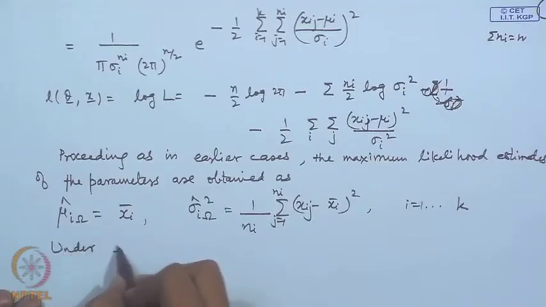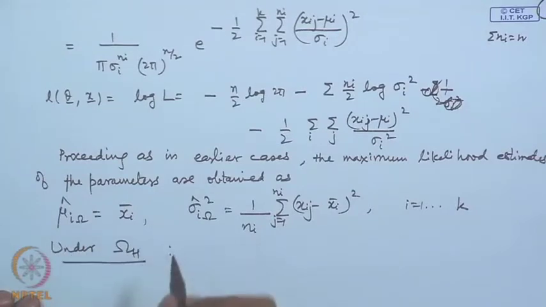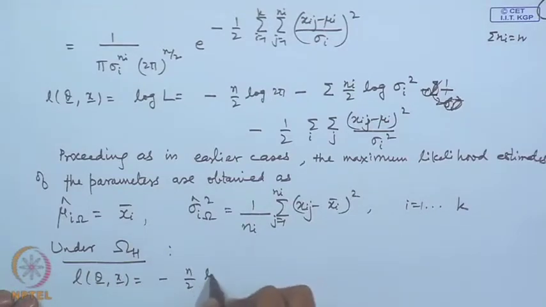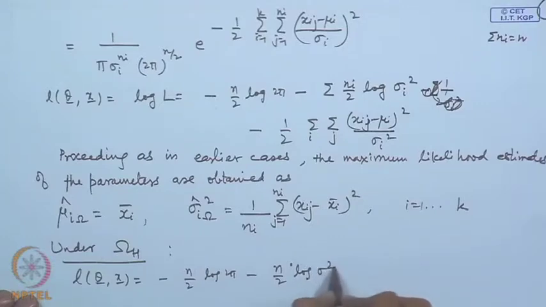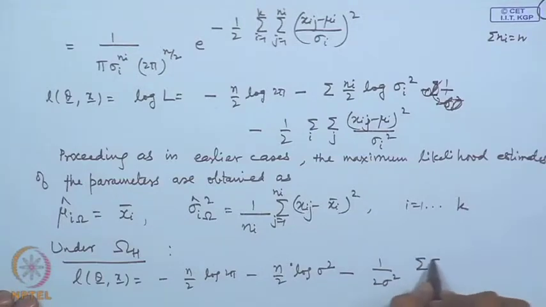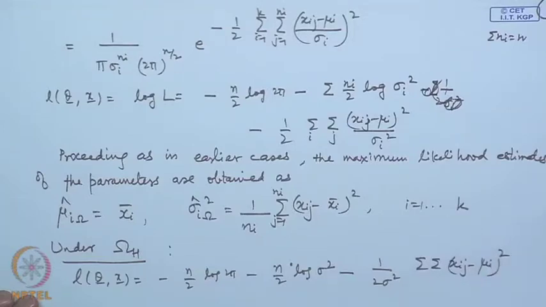Under omega_H, that is when we are taking sigma 1 square equal to sigma 2 square equal to sigma square, this L gets modified. L will become minus n by 2 log of 2 pi minus n by 2 log of sigma square minus 1 by 2 sigma square double summation (x_ij minus mu_i) square.